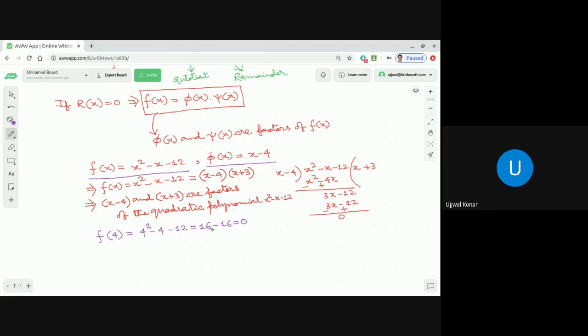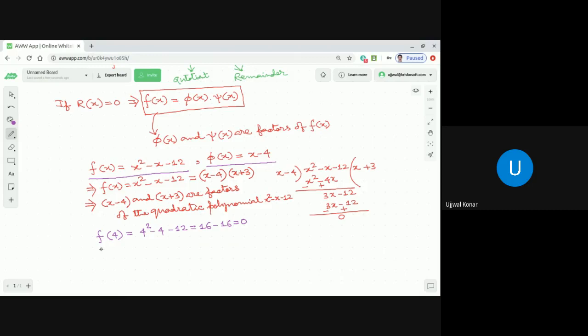What I'm saying is that whenever a polynomial expression is divided by another linear expression like x minus 4, and you find the value of the polynomial which is getting divided for x equal to 4 in this case, and if we get 0, we say that definitely x minus 4 is a factor of the given polynomial.